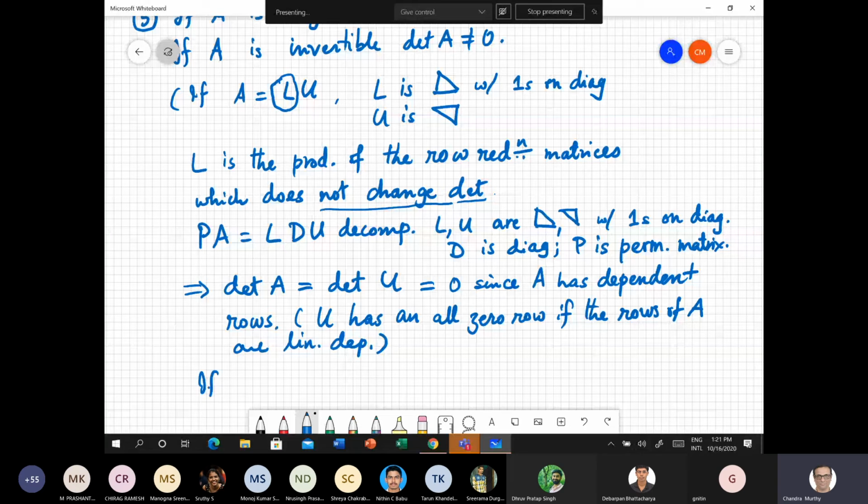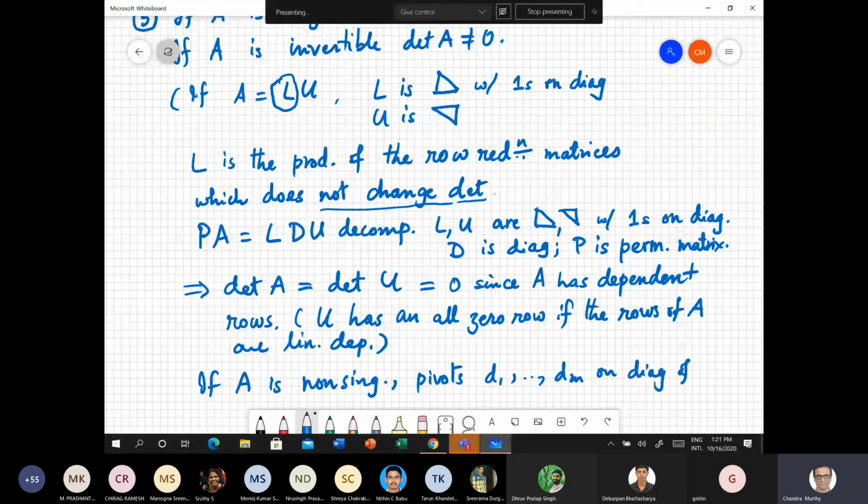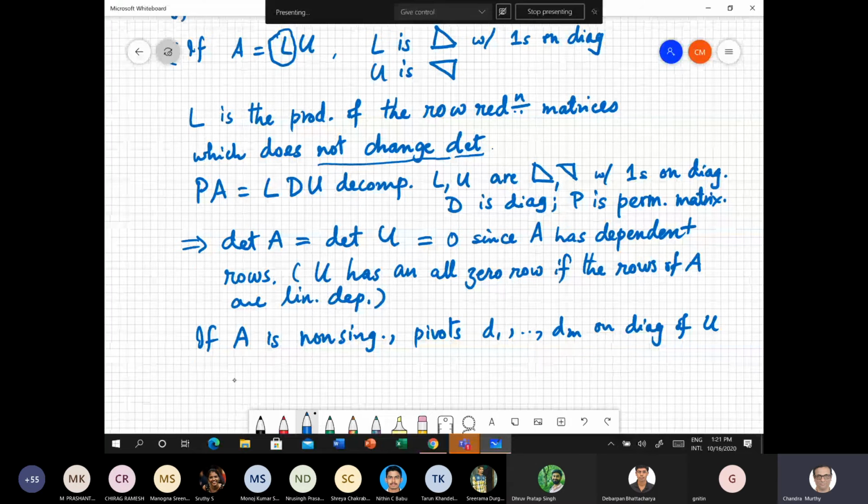But if A is non-singular, then you will have the pivots, say d1 to dm, on the diagonal of U. So the determinant of U will be equal to d1 d2 up to dm, which is equal, up to a sign, to the determinant of A. I want to be a little careful here, so I write plus or minus, in the sense that when I started out, I assumed that no row exchange operation was performed.